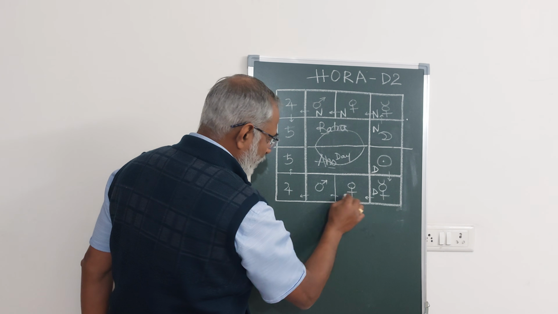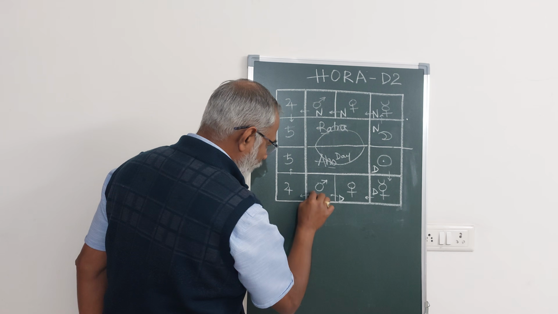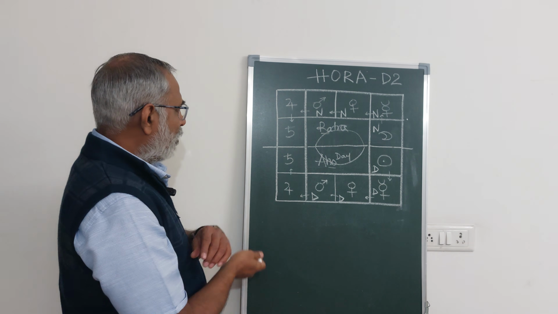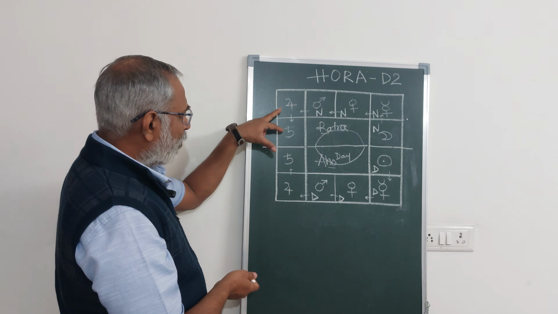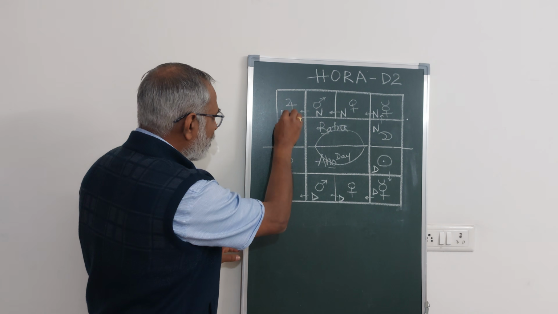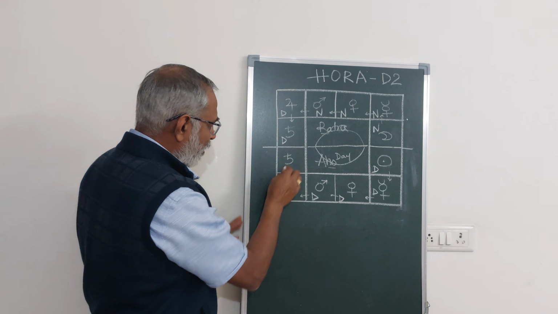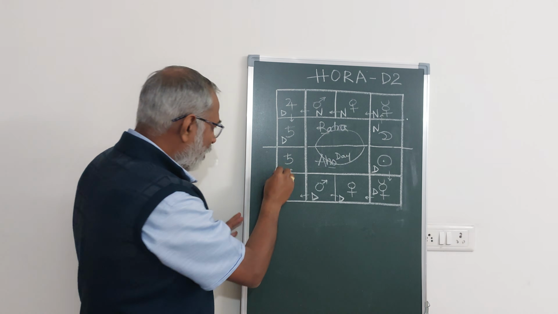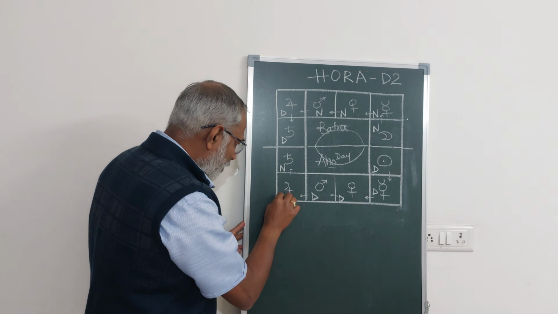Just write the capital letter D for understanding that they are day. But the remaining 2 in the upper half, they represent the day, while the remaining 2 in the lower half, which are owned by Saturn and Jupiter, they represent the night.